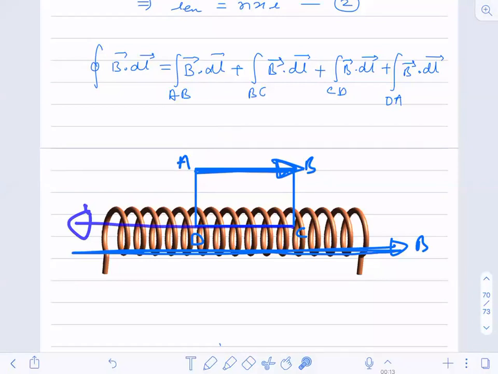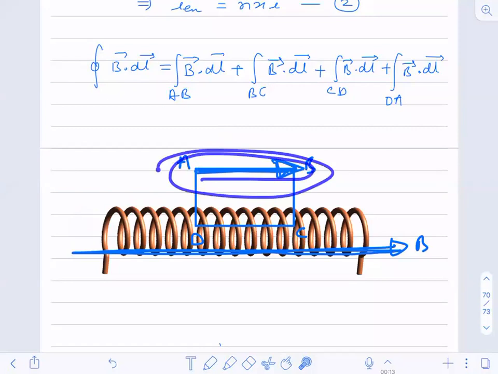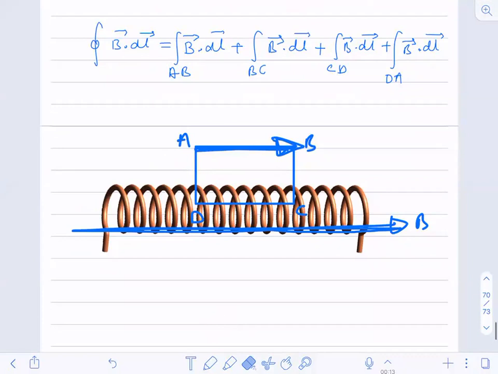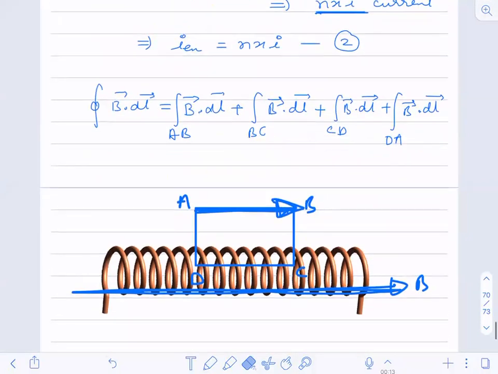Did you understand? Okay. Now, what is the magnetic field outside the solenoid? 0. Okay. So now let us solve these values.